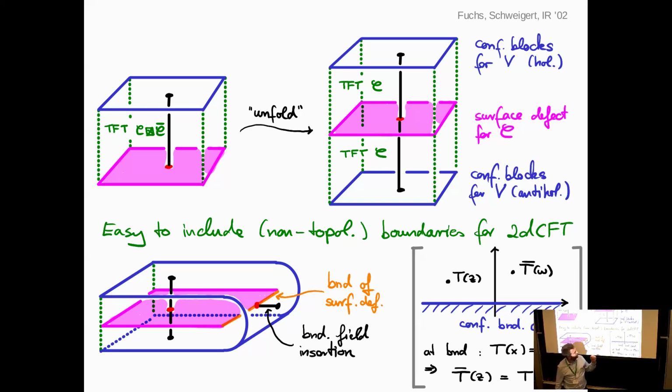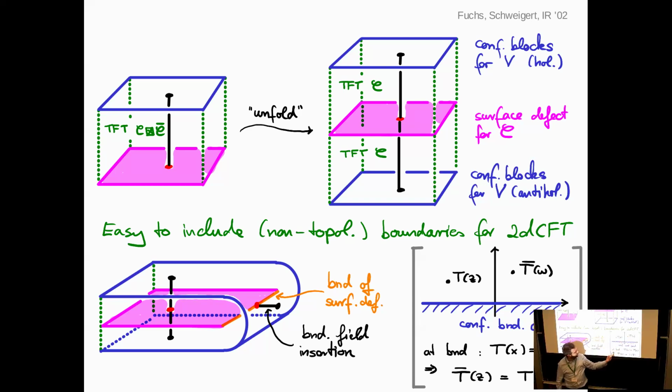So for those who like conformal field theory, consider a two-dimensional conformal field theory in the upper half plane with some conformal boundary condition along the real line. Then among the fields of the theory will be the holomorphic and anti-holomorphic component of the stress tensor. The fact that that is a conformal boundary condition by definition means that as you take T to the boundary, it is non-singular, and on the boundary it becomes equal to T bar.